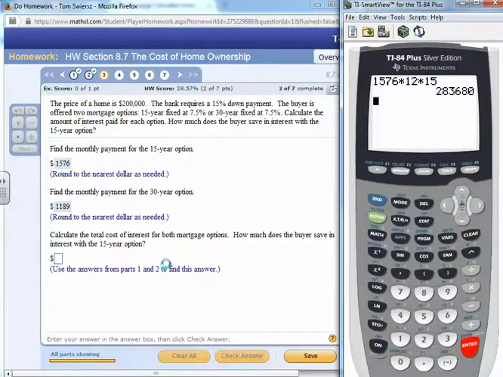The 30-year option, the monthly payment was $1,189 times 12, because they're monthly payments, 12 months a year, times this time 30 years, and we got $428,040.